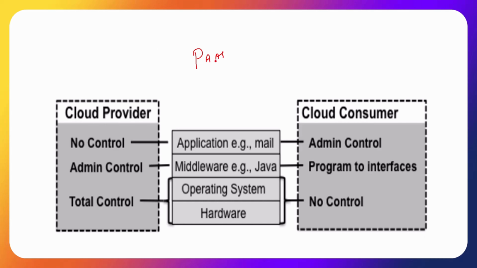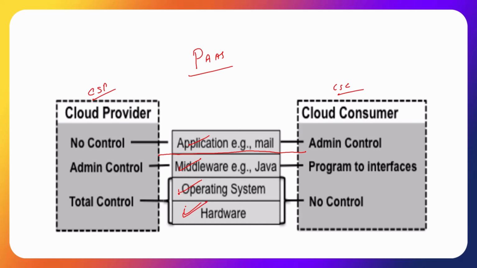Then we have platform as a service. If you see this picture, this is platform as a service: hardware, operating system, middleware, application. This side we have the cloud service provider, and this side we have the cloud service customer. In platform as a service, as a customer, I only have access to the platform.